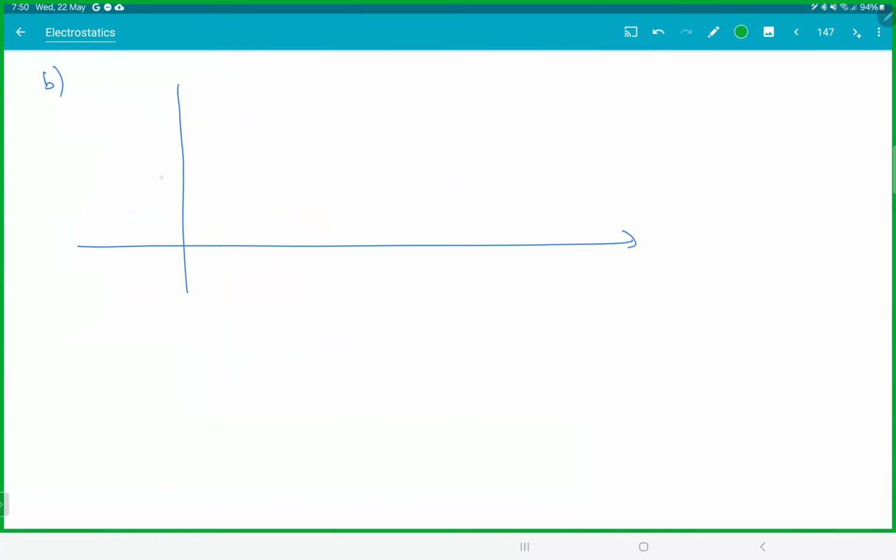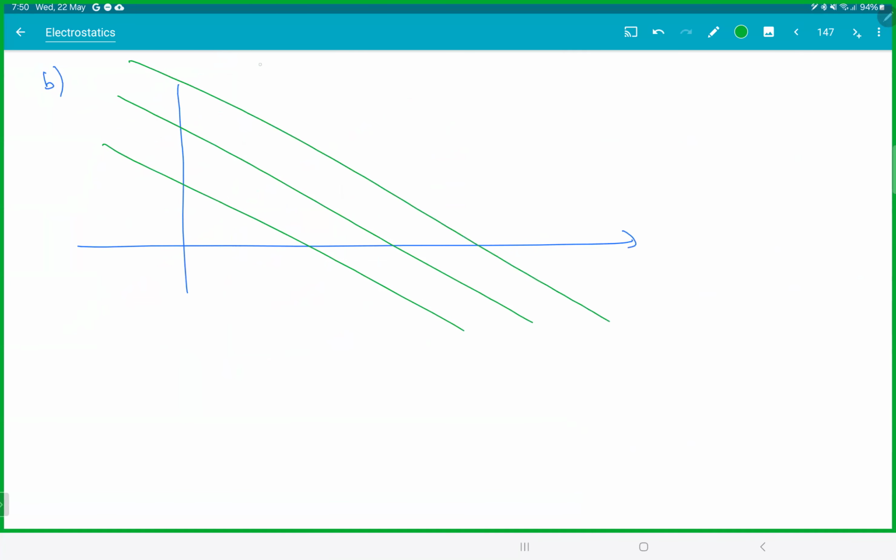What if you have equipotential surfaces like this? Planes. So this point is 10 centimeter, 0, 20 centimeter, 0, 30, 0.